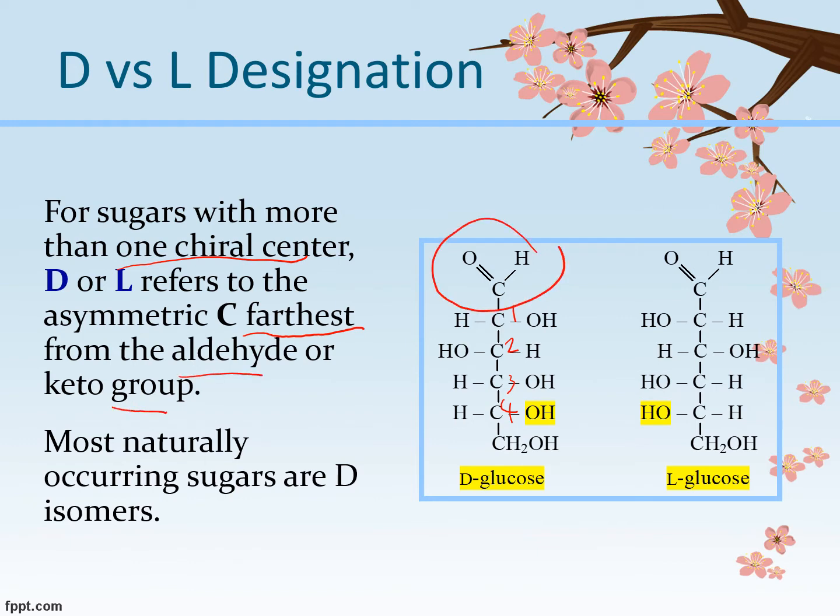This is the aldehyde group, this is the ketone group. The OH farthest away from here is this one. On the right side, so D. On the left side, so L. Most naturally occurring sugars belong to the D isomer.